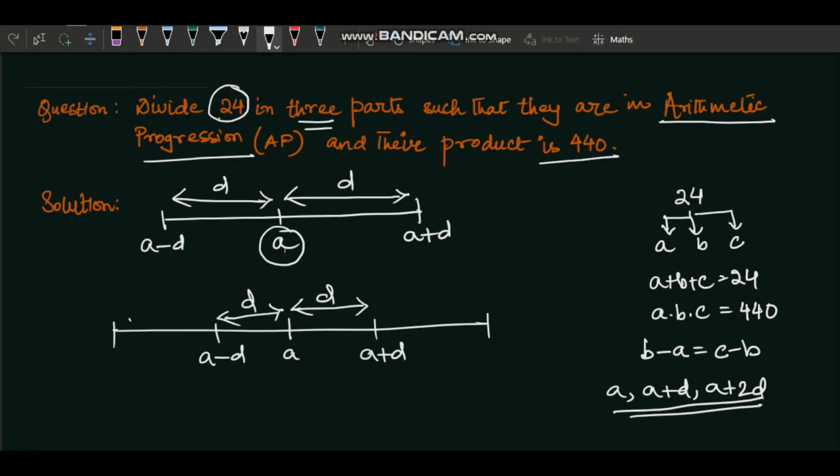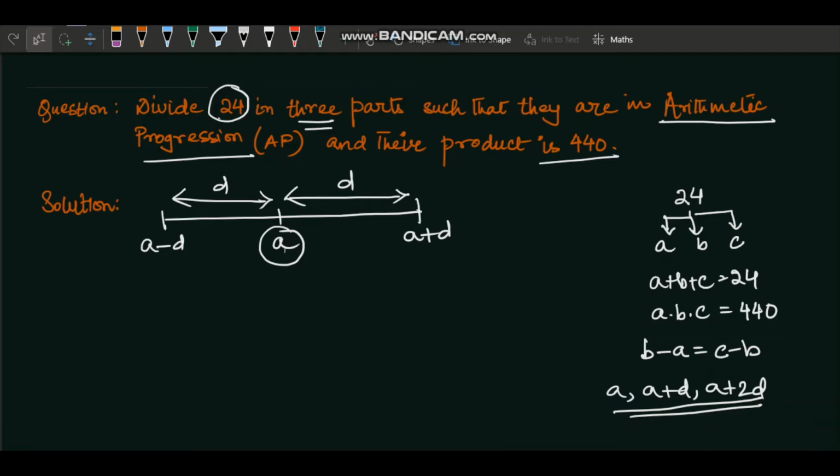Then what should be the number before A minus D? It should be A minus D minus D, that is A minus 2D, and the number right after A plus D should be A plus D plus D, that is A plus 2D. So if you are given an odd number of terms, then always take the middle term to be A and the common difference to be D.